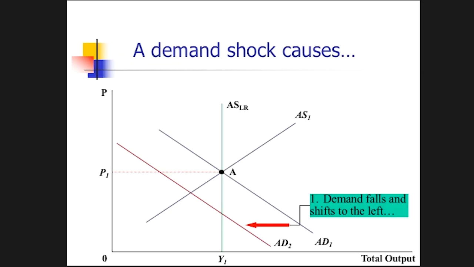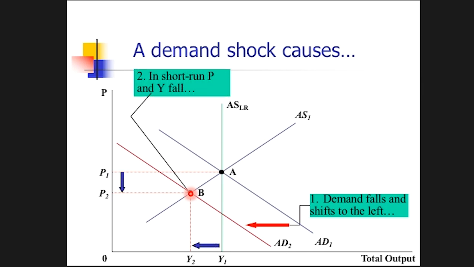Firstly, for demand shock: if there is a demand shock, it will shift AD to the left. There are many reasons for the demand shock, but finally AD shifts to the left and we have the new equilibrium at point B. As a result, the price and output Y also reduce.